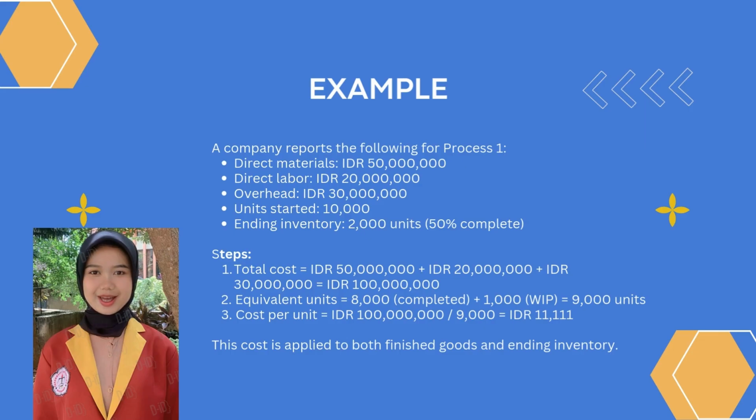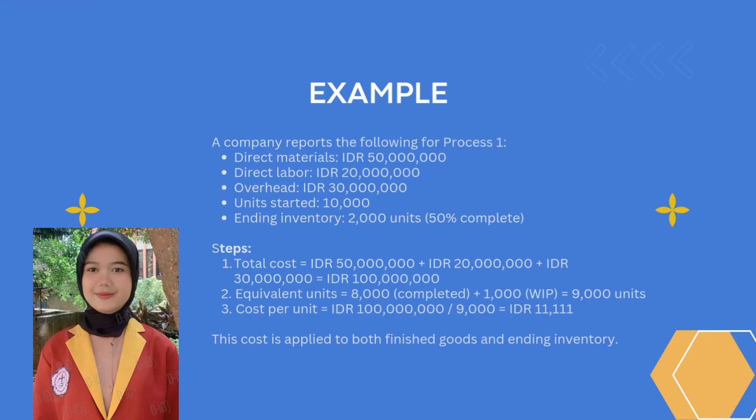Total cost equals IDR 100 million. Equivalent units equals 8,000 completed, plus 1,000 WIP, equals 9,000 units. Cost per unit equals IDR 100 million / 9,000 equals IDR 11,111. This cost is applied to both finished goods and ending inventory.